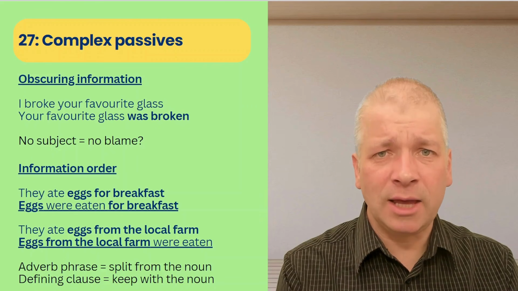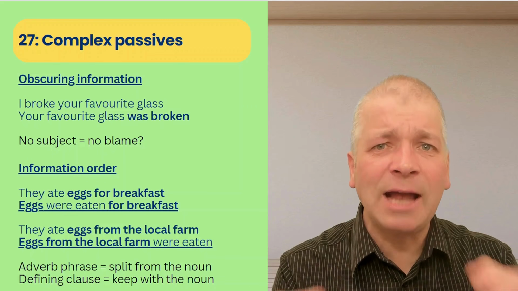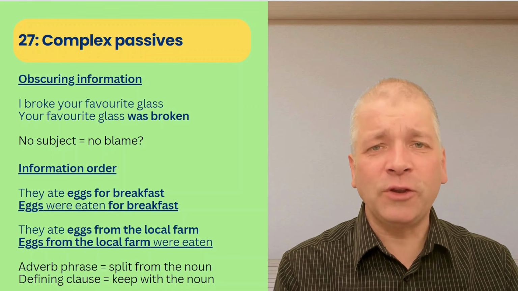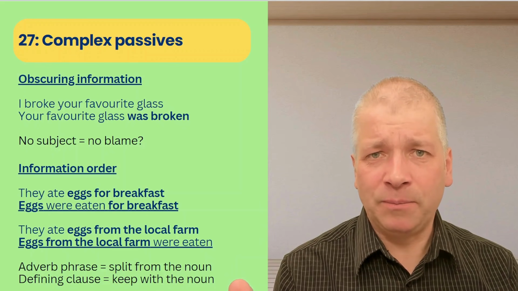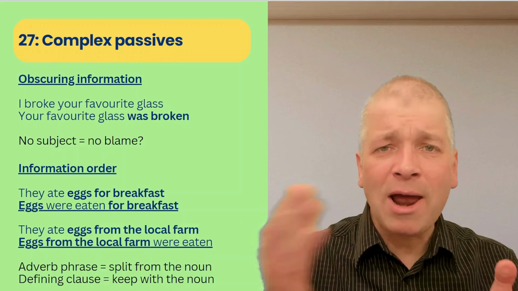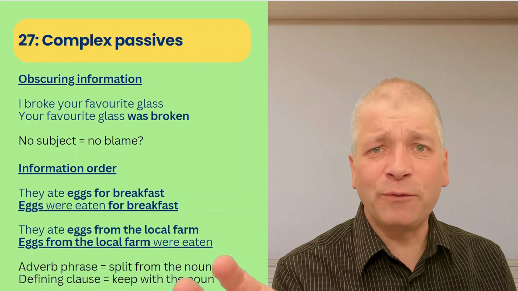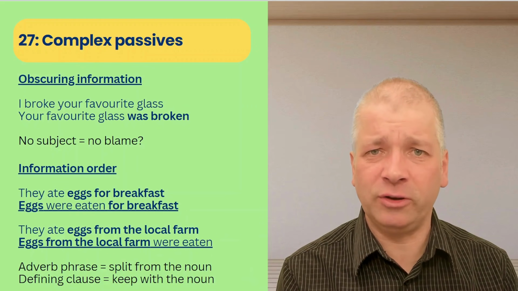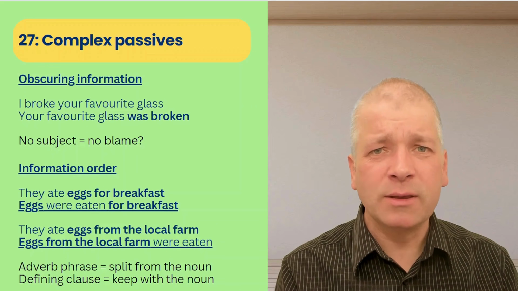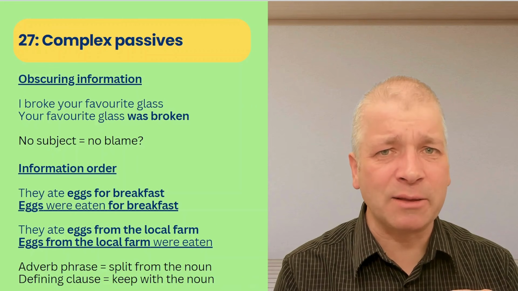And the reason here is if you're using an adverb phrase after the object, then you split it from the noun. So they ate eggs for breakfast. For breakfast is an adverb describing the whole sentence, the whole situation. It's an adverb phrase, so it doesn't have to stay with the eggs.